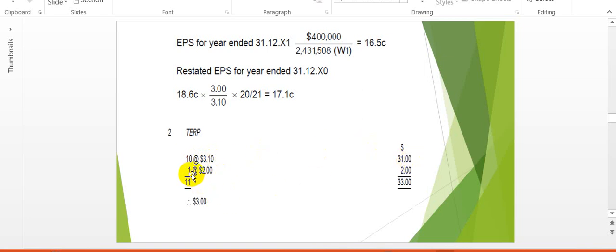The rights issue, the one share that you got under the rights issue, was issued at 2 to give you 2. Then you add 31 plus 2 to give you 33, and then you add the number of shares now that you have. You have 11, so 33 divided by 11, your TERP is $3.3.